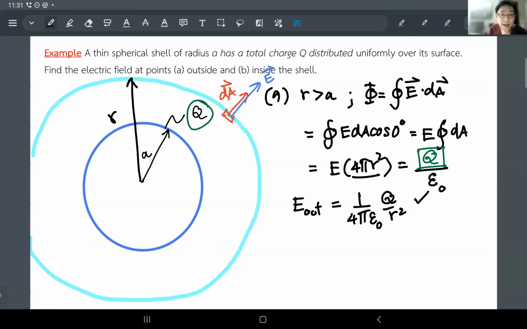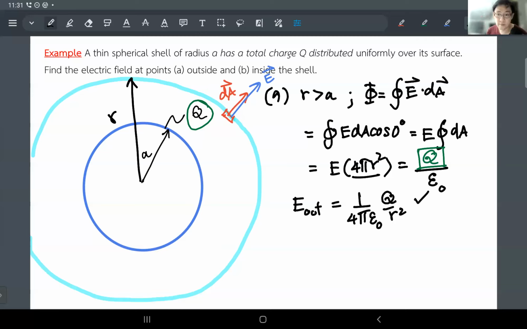No matter what you have, if it's a dot, a point charge Q, or a spherical solid ball of charge Q, or a thin shell of charge Q, as long as you stay away from it at the distance r, your electric field will be exactly the same as the Coulomb expression, kQ over r squared.